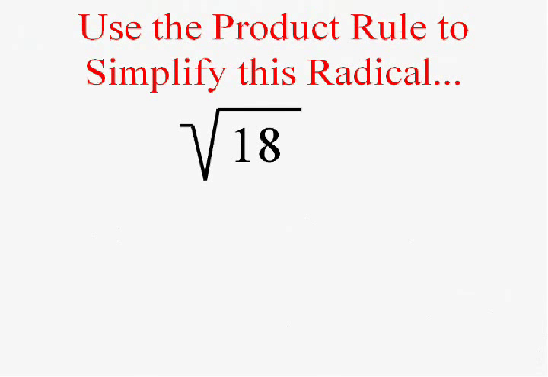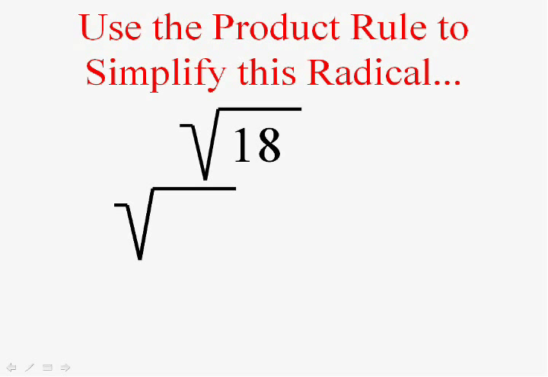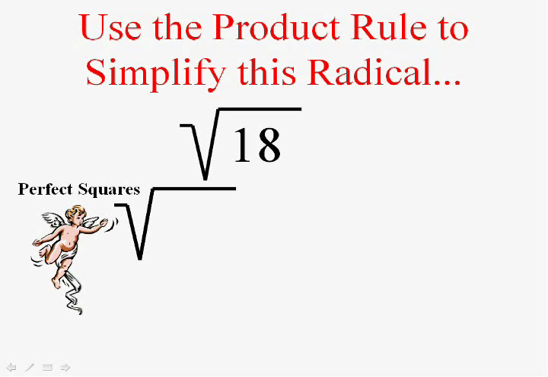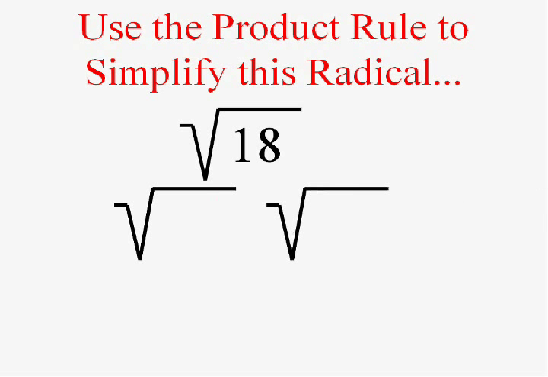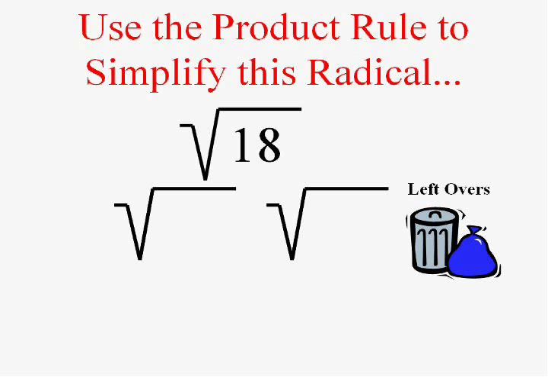Now, we're going to use this rule to simplify radicals. This time, I'm going to break 18, or factor 18, into what I will call its perfect square, you got to know them, and whatever's left over, the garbage left over.